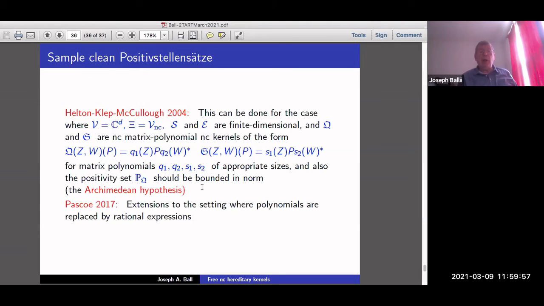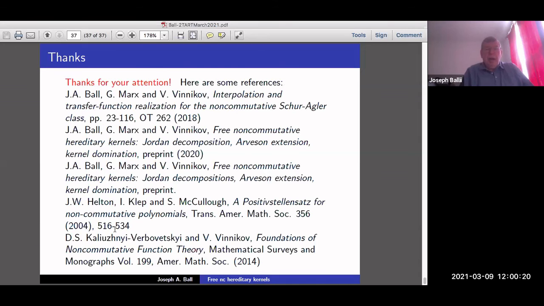You have to add Archimedean hypotheses, and then it fits into this kernel dominance framework, which comes out of our non-commutative Nevanlinna-Pick interpolation theorem. And James also discussed extensions of this to rational non-commutative functions, which he can explain better than I can. And I'm done. Thank you for your attention.